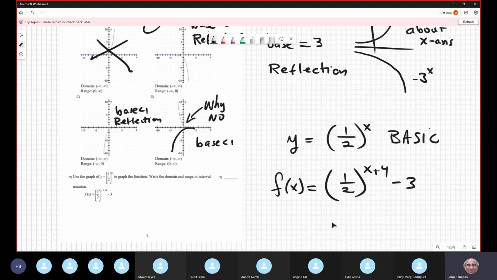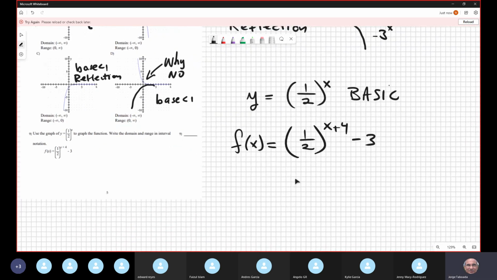How many transformations and what kind of transformations can you see in this new function? How many first? Compare the basic and the new one. It's a family.